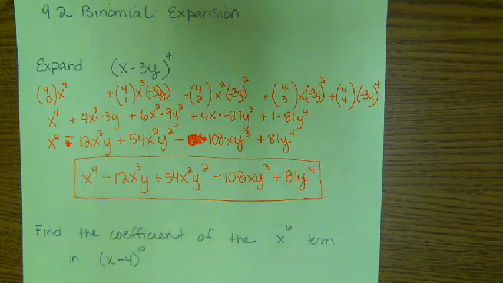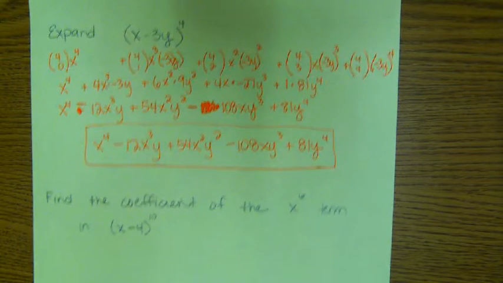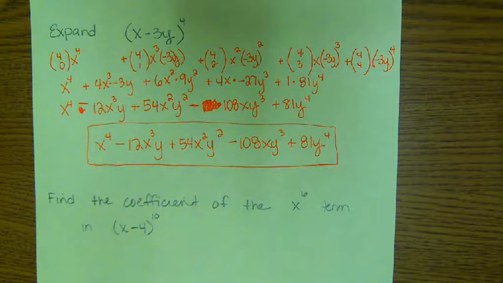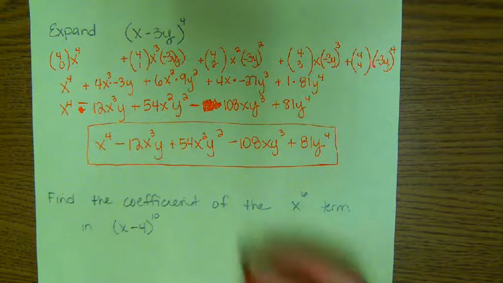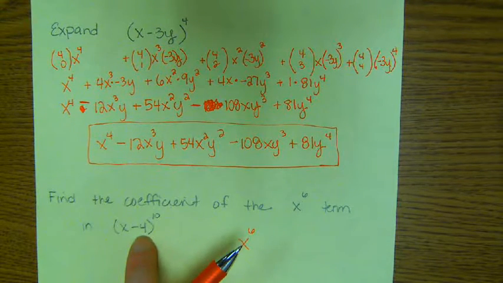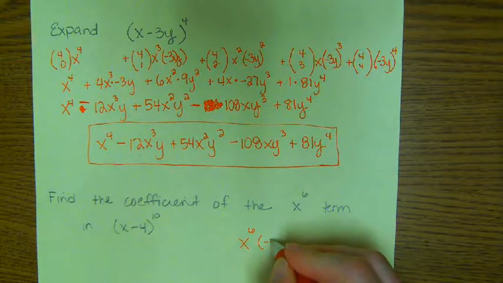So then how does it affect, so yesterday I also showed you how with a combination you could just find the coefficient of a term. And I gave you one with an x and a y. How does it change when it's x and a number? Well, what you have to remember is if it's the x to the 6th, what this is going to be is a negative 4 to the 4th, technically.